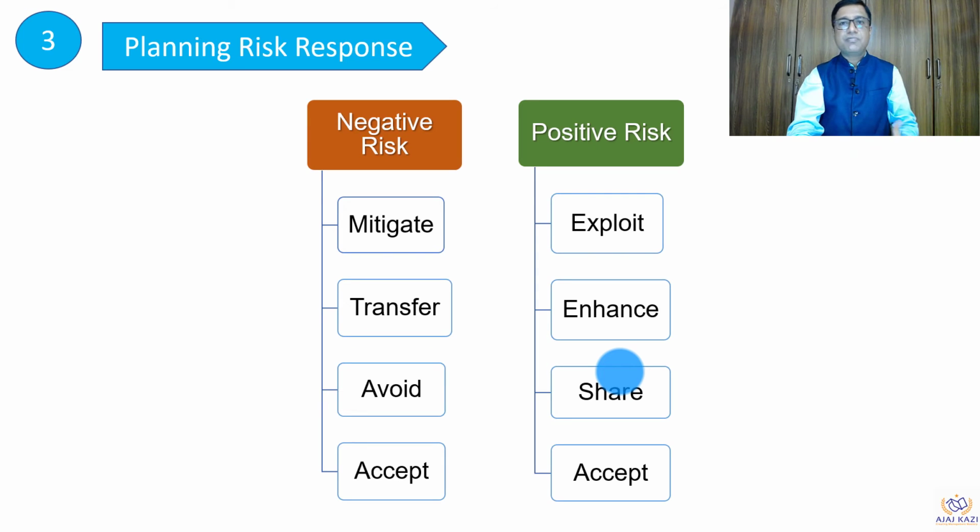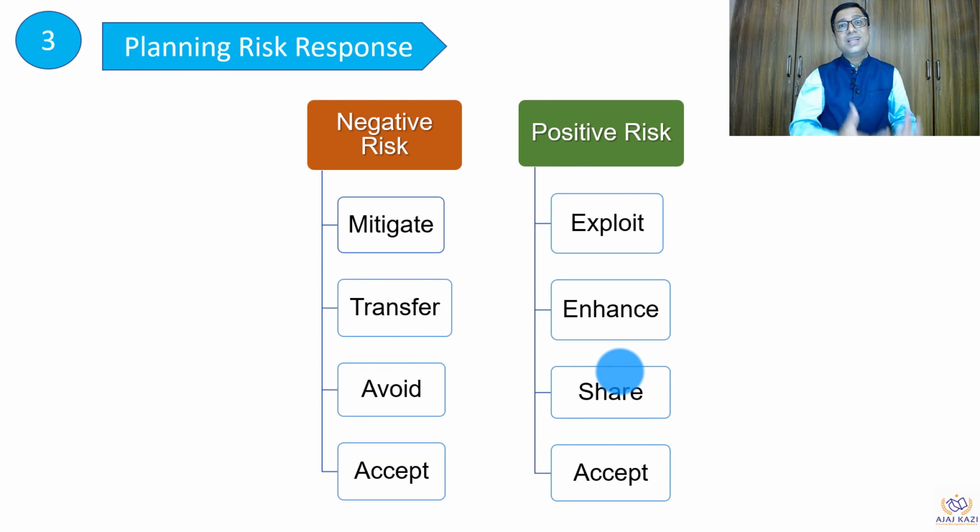The various types of risk response plans are like this. The ones on these are for negative risk. Generally, we try to mitigate and reduce the probability or impact of the risk, right? Second is to transfer. So I have a subcontractor. I will take the order and transfer this to the subcontractor. If the risk happens, it will just pass on to the subcontractor.